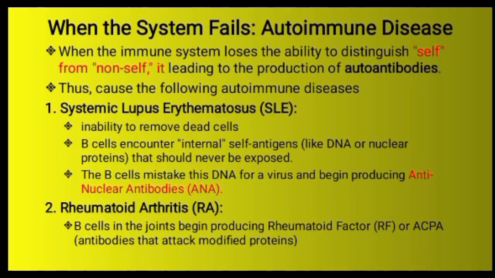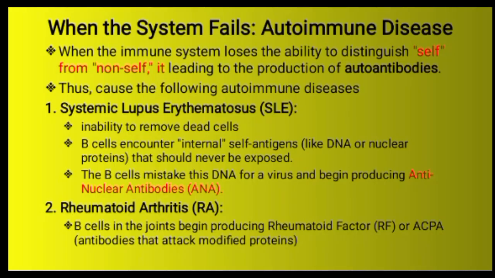So it will cause what is called systemic lupus erythematosus. It's a situation where the B cell encounters internal self antigen like DNA or nuclear protein that should never be exposed. So the B cell mistakes the DNA for a virus and begins producing anti-nuclear antibodies. So people will come down with SLE, systemic lupus erythematosus.